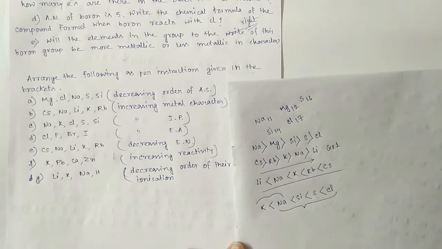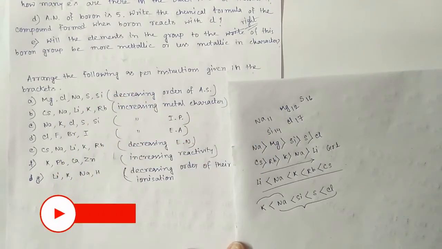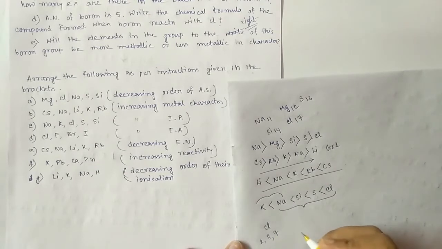Similarly, why have I told you that energy is related to stability? Because an atom gains stability only if it loses energy. For example, chlorine has 2, 8, 7 electronic configuration.